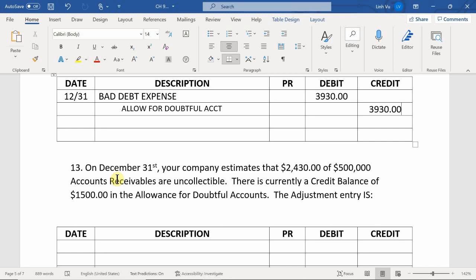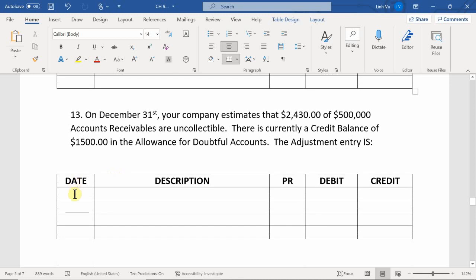So now the adjustment will be... Here you're already on the right side, 1,500 in, and your end goal is to get to 2,430.